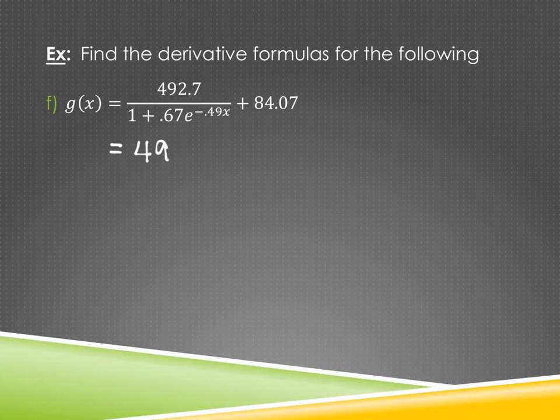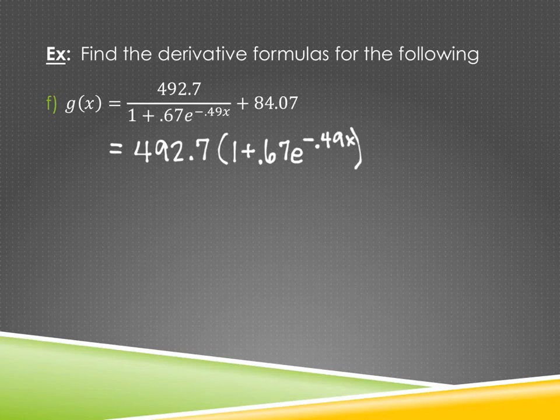I have 492.7 times the parenthesis 1 plus 0.67 e to the negative 0.49x, all of that to the negative 1 power, and then plus the 84.07. Just rewrote, that's it.